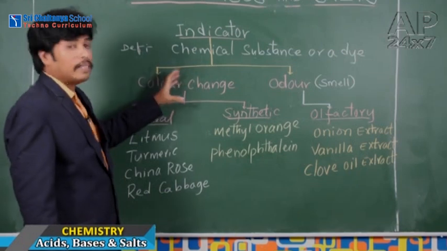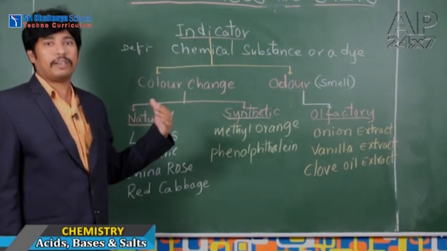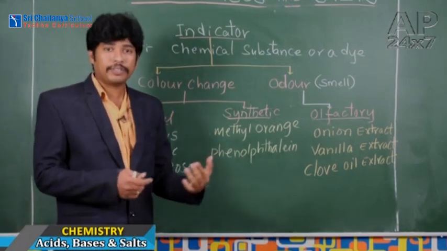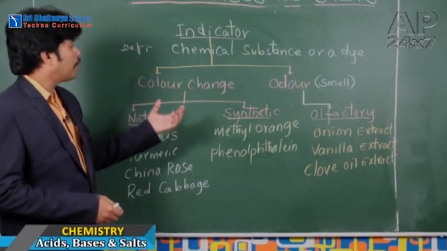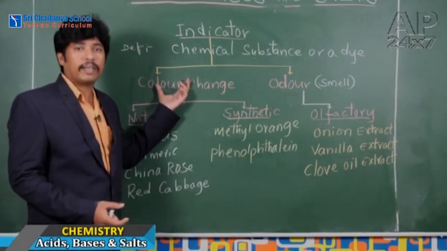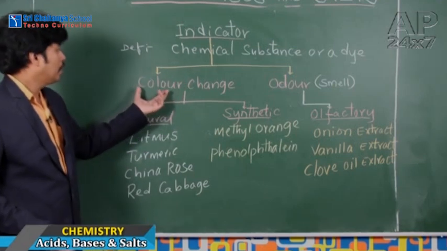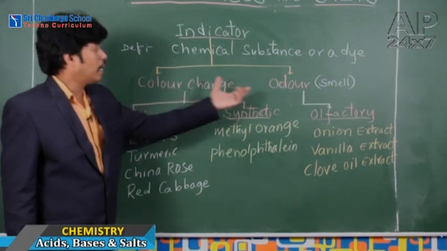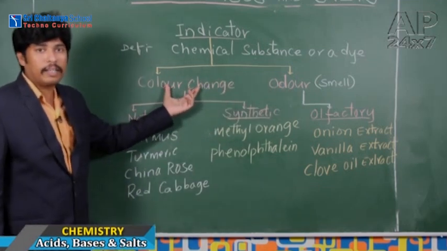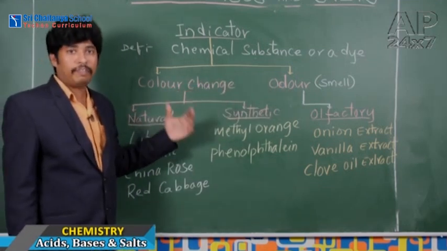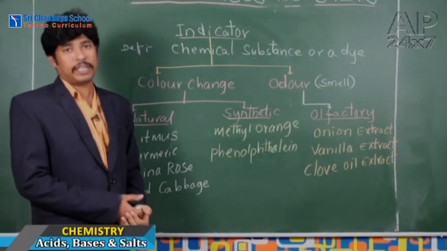Let us see the important examples of the indicators which we generally use for the determination of the nature of chemicals. Based on two important factors, we can classify the indicators: one is color change and the second one is odor or smell. These two factors are the main working principles for determining the nature of chemical substances.